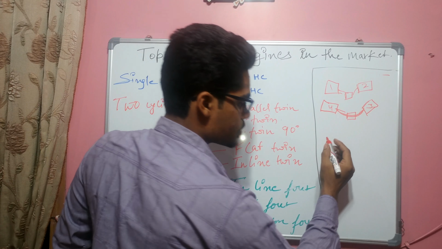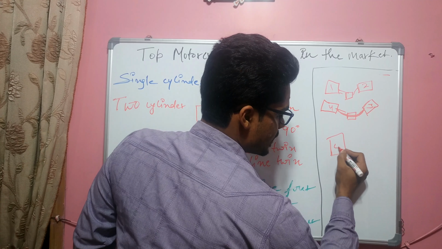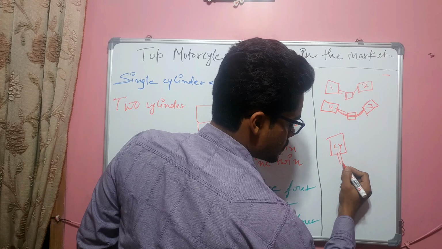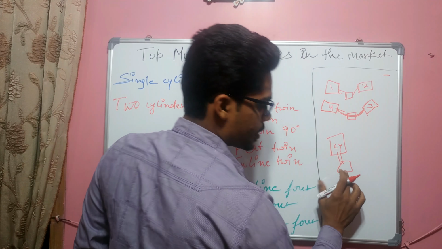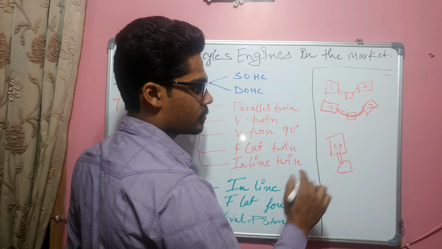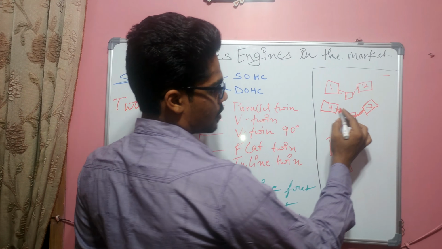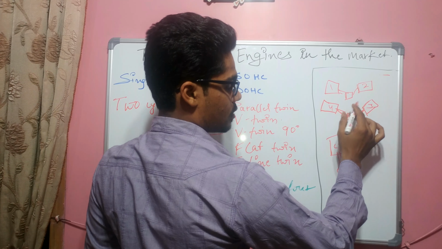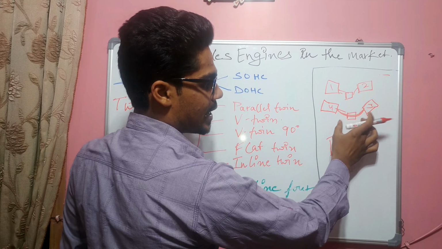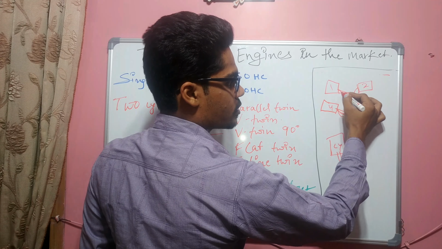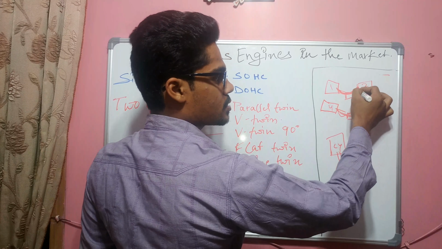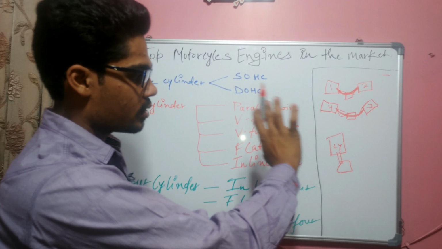So normally we have seen these are cylinders, these are pistons, and this is connected to the crankshaft. So this is straight. In the oval piston, the cylinders are connected to the crankshaft in an oval position. So the pistons here are situated in the oval position.